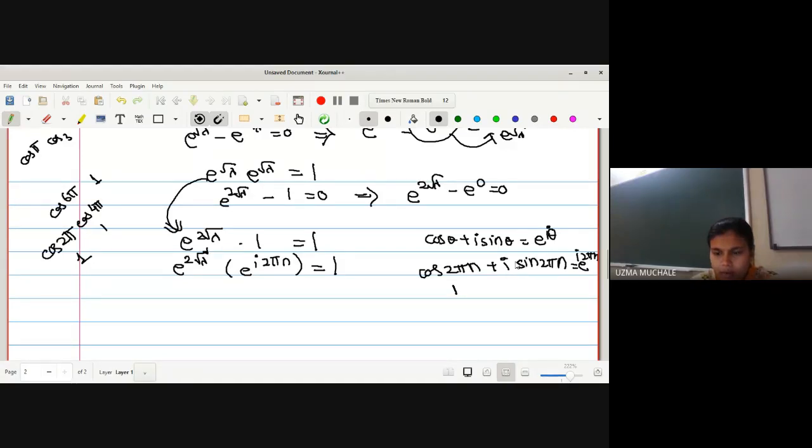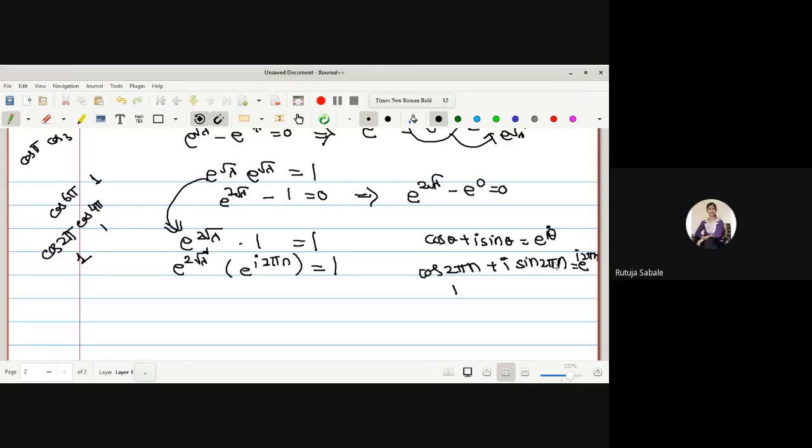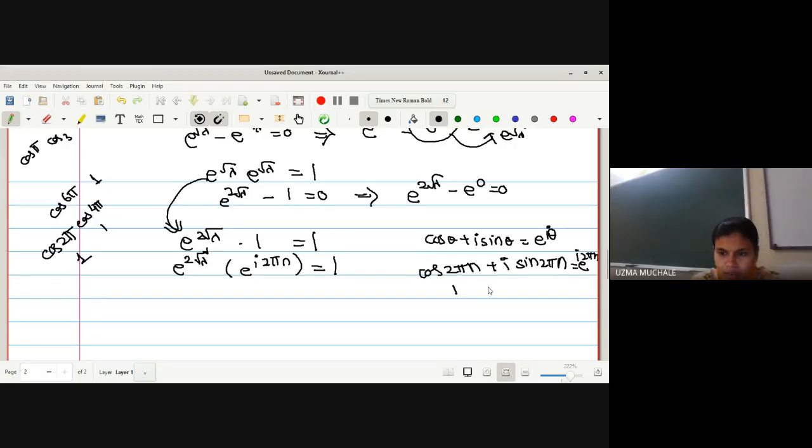Now what is the value of sine 2 pi n? 0. Sine n pi is always 0 for any n. So we get the resultant e raised to 2 pi n into I is equal to 1. So whatever I have written here is correct: e raised to 2 pi I into n is nothing but 1.